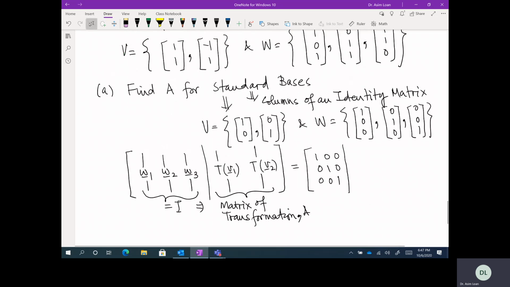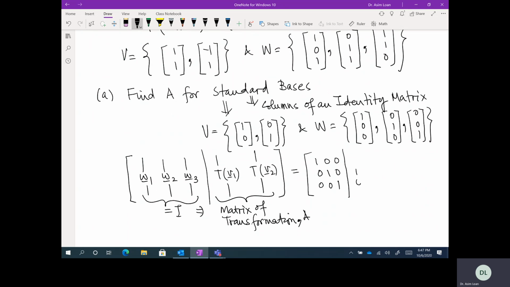So when you have 1, 0 here and 0, 1 here, this one is 1 minus 0, which is 1, and this is 0 minus 1, which is minus 1. So this is the matrix A. This is already identity, and this is the matrix A of transformation.